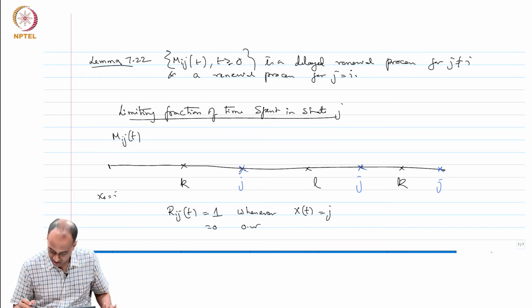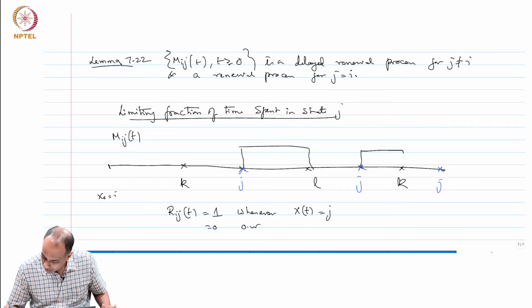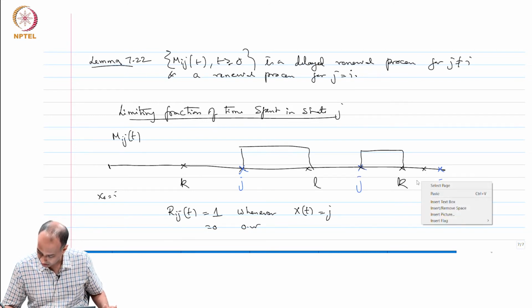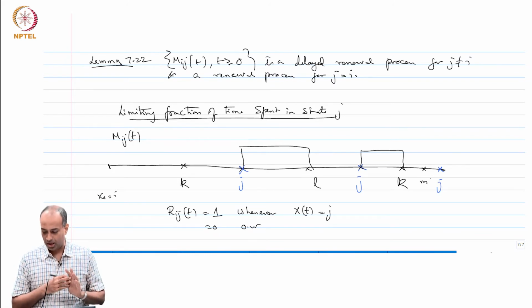So whenever I am in state j, I have a reward of 1. Maybe I had another state here, m or whatever. So the process collects a reward at rate 1 whenever the process is in state j.